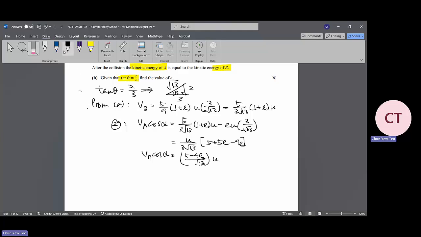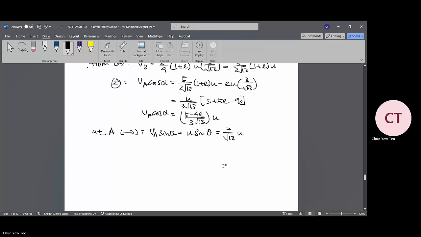Now we want to find VA sin alpha. At A, if I resolve the component horizontally, I have VA sin alpha is equal to U sin theta. Sin theta is actually 2 over root 13, so 2 over root 13 U. So VA squared will be equal to VA cos alpha squared plus VA sin alpha squared.